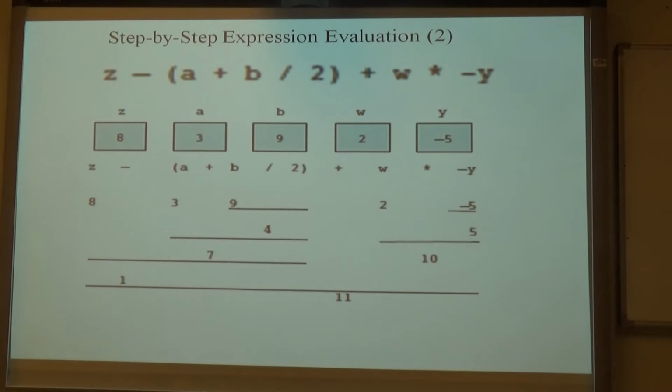So we start with the multiplication. So 5 multiplied by 2 becomes 10, and then we have subtraction and addition. Now they have equal priority, so we get Z minus the content, so 8 minus 7 becomes 1, and then from the other side we have 10, so 1 plus 10 gives us 11.